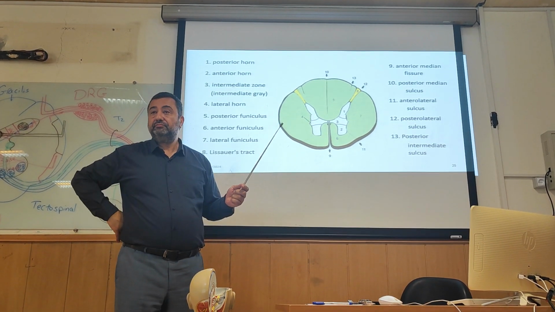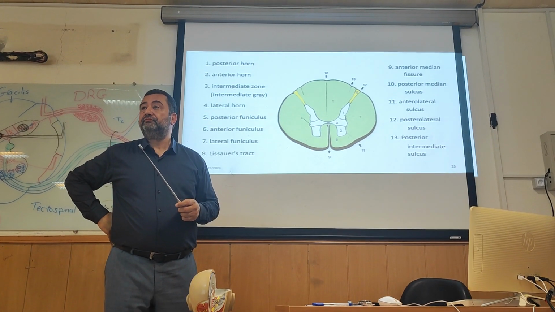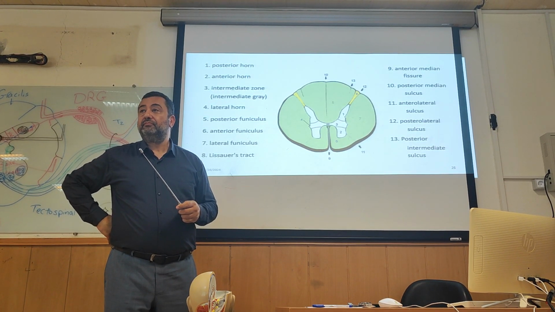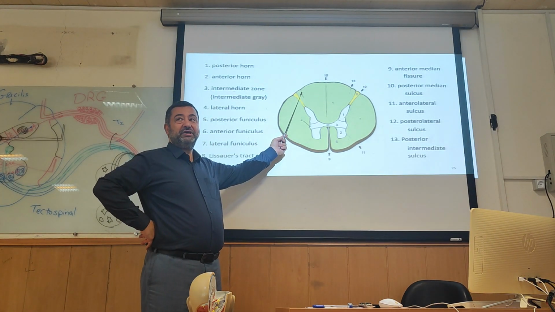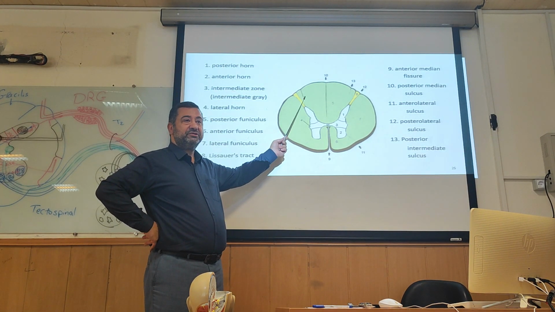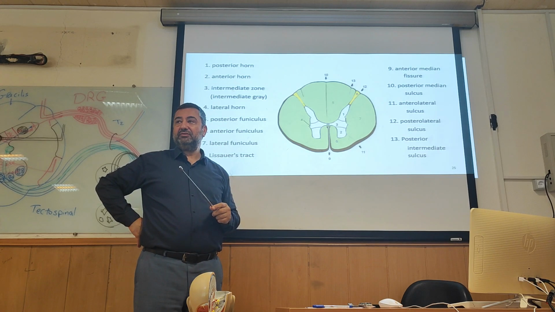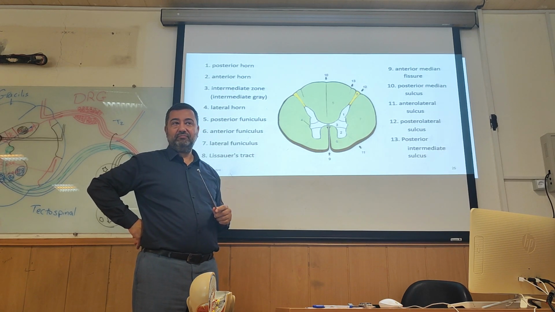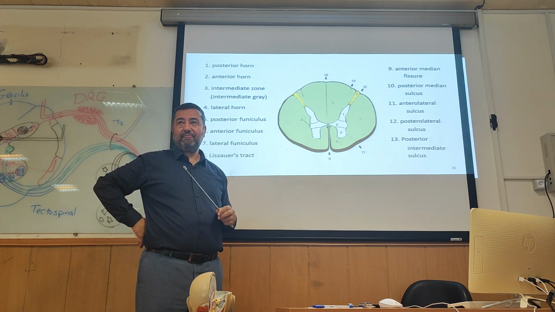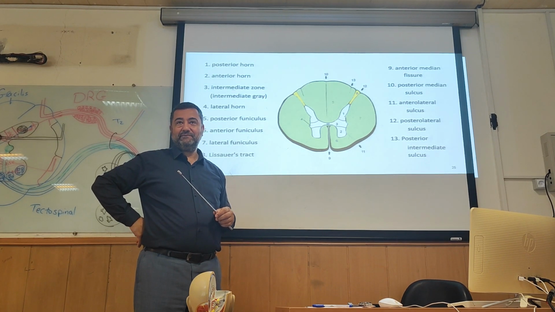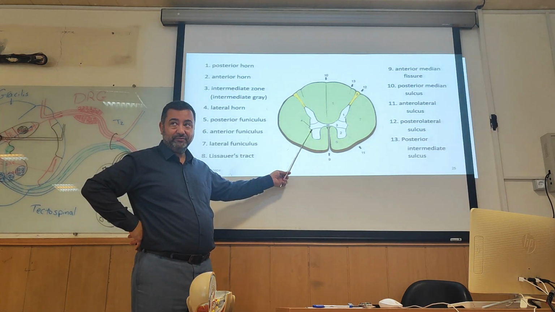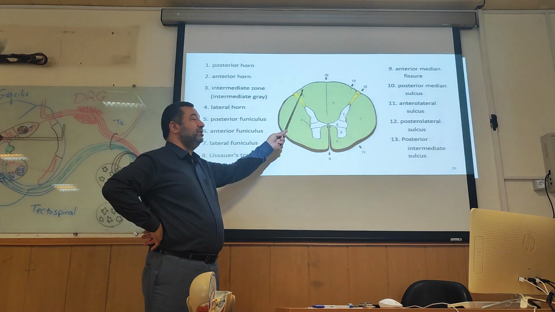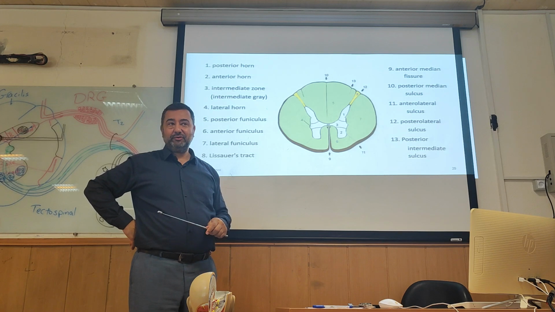I think it's from C1 to T6 because it has the posterior intermediate sulcus. Is it correct? It has a lateral horn and it has a posterior intermediate sulcus.